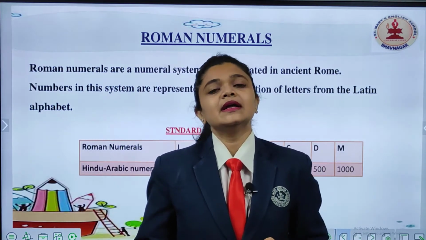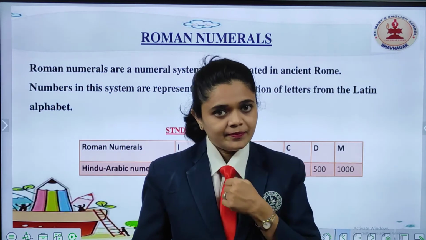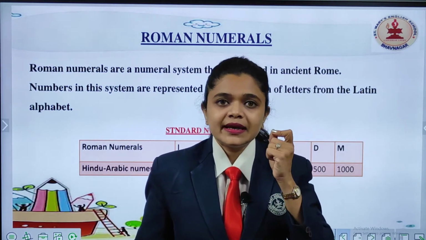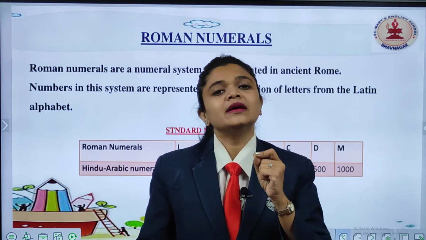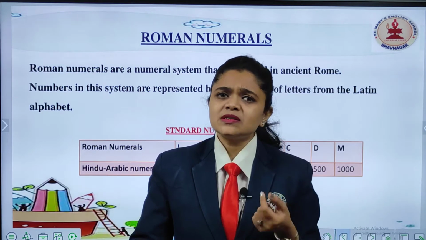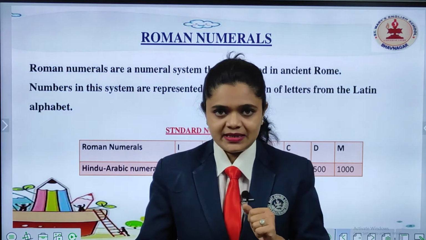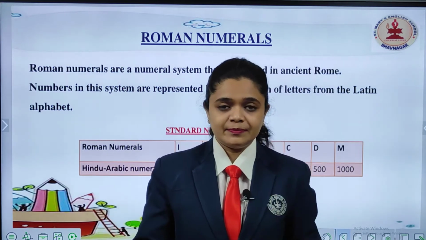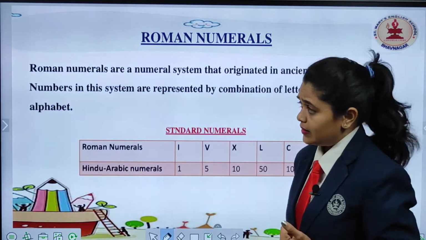Now children, worldwide we use numbers, right? There is another category of number which is called Roman numerals or Roman numbers. It was originally invented by the Romans. From Rome it came, in alphabetical form. See, we'll read it.